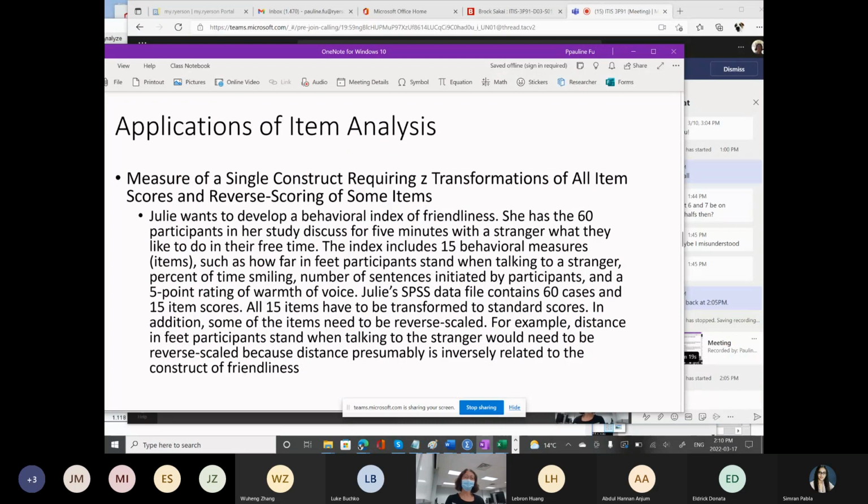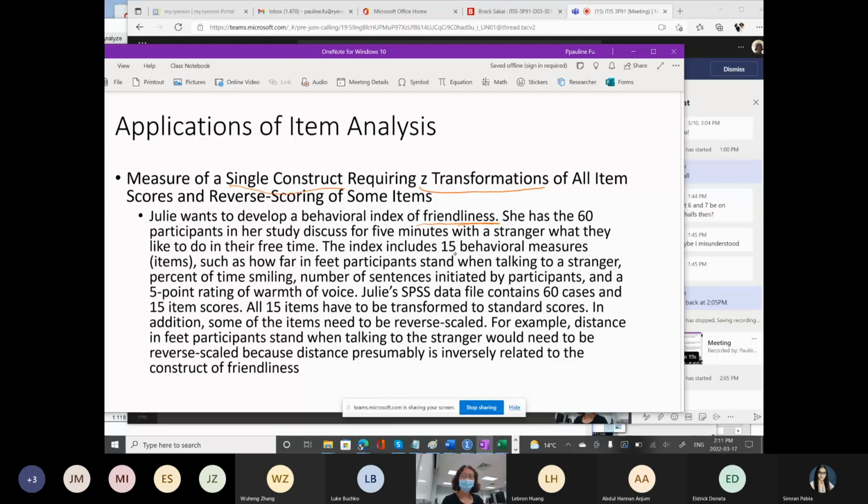And this is an example. A single construct that requires Z transformation. Julie wants to develop a behavioral index of frankness. She has 60 participants in her study talk for 5 minutes with a stranger about what they like to do in their free time.